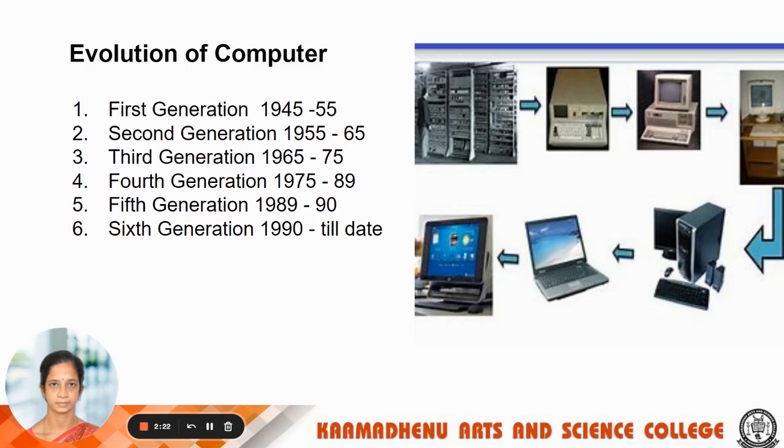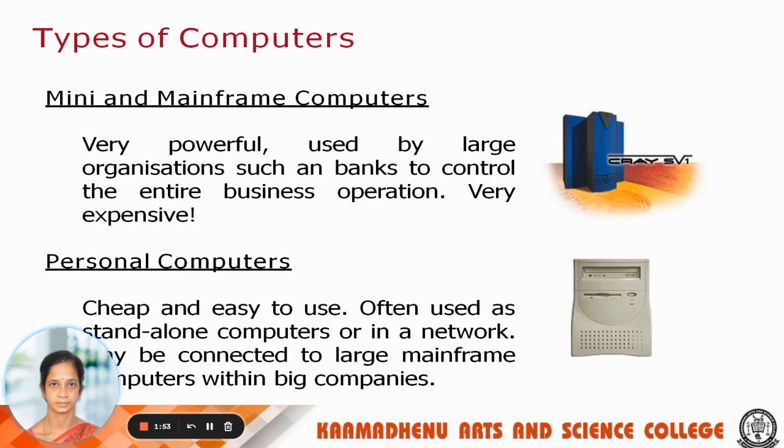Transistors were minimized and placed on a silicon chip called a semiconductor. In the fourth generation, the microprocessor was introduced, with thousands of integrated circuits built on a single silicon chip. Fifth generation, 1989 to 1990, used artificial intelligence. Sixth generation, 1992 till date, we are using this.